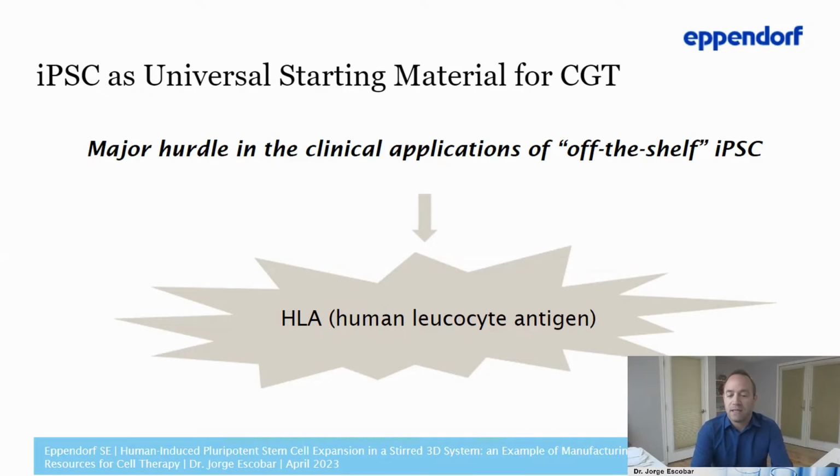HLAs are cell surface proteins. If the T cells of the host immune system and the transplanted cells do not recognize each other because the HLA doesn't match, there is an immune response and the tissue is rejected.